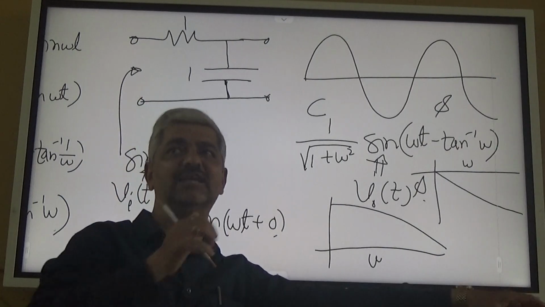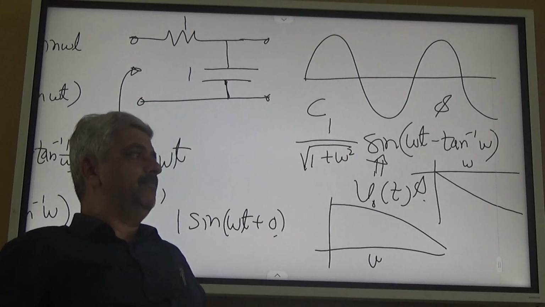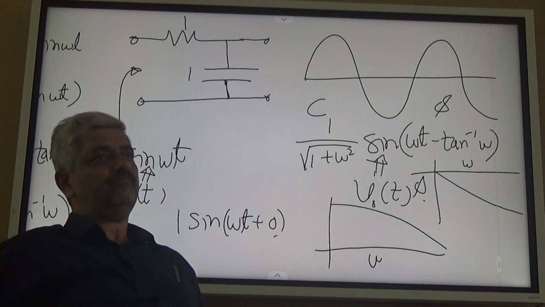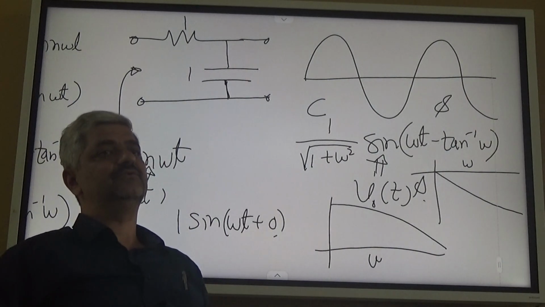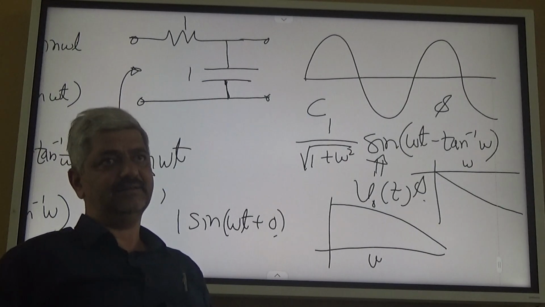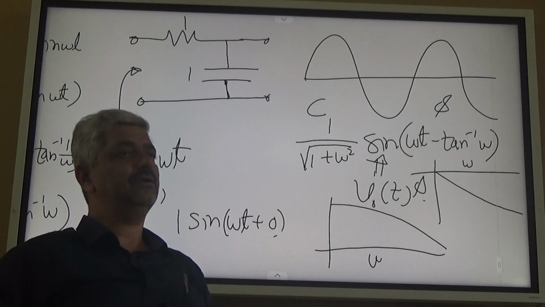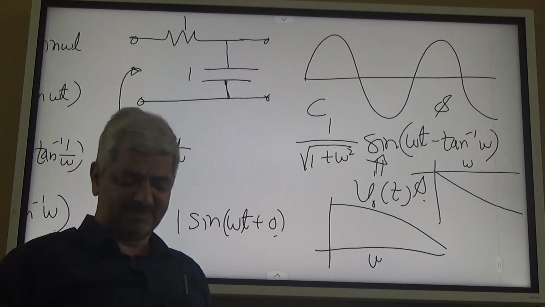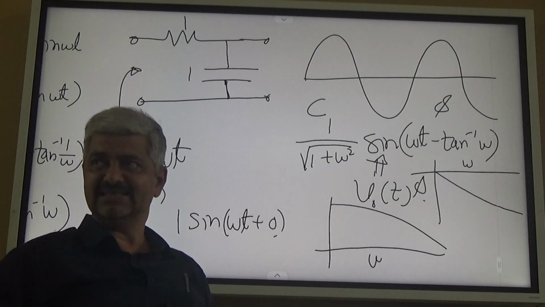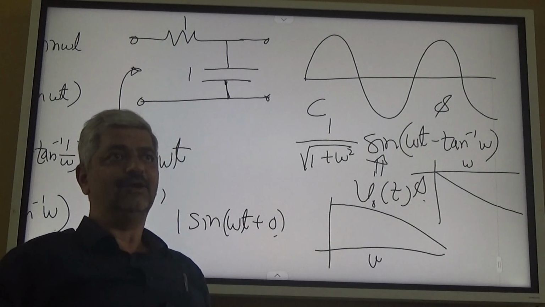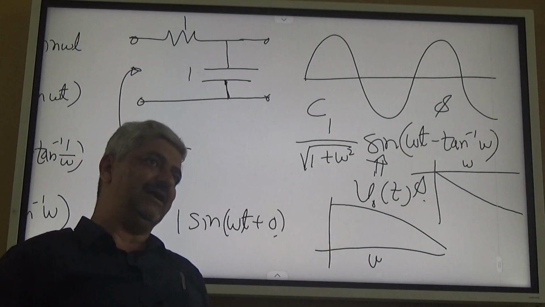It's a differential equation. I said that the answer is B cos omega t plus A sin omega t.